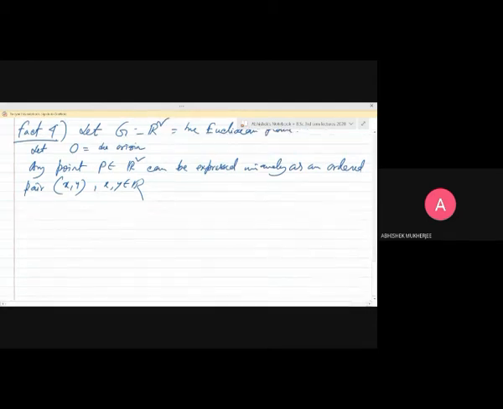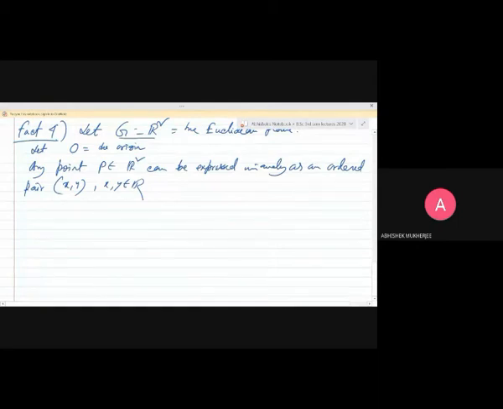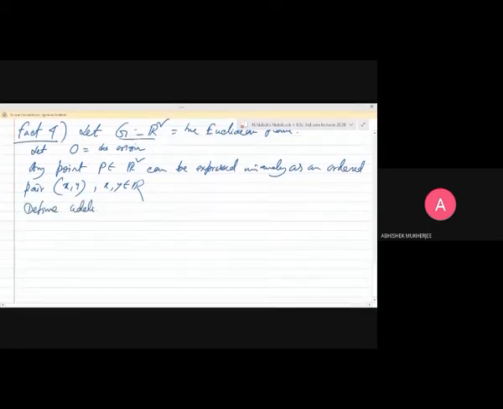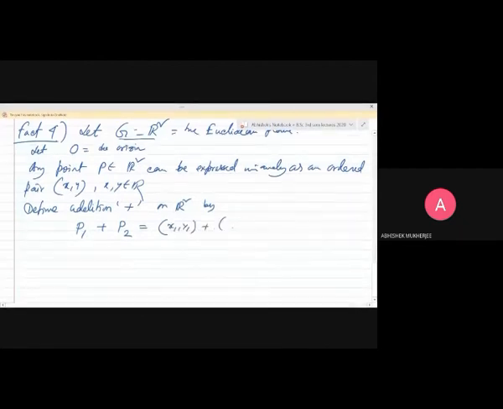Now on this R2 you can define addition by this rule. Let P1 be a point and P2 be a point. Suppose P1 has coordinates (x1, y1) and P2 has (x2, y2).